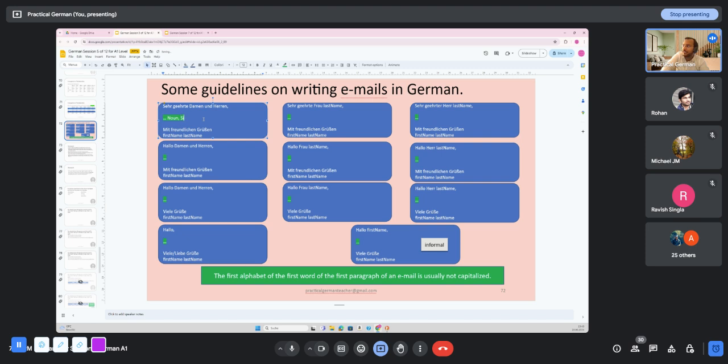Or if it is this capital Z, the formal Z, it's always capital. So if it is not a noun and not this Z, the first letter of the first word of the first paragraph of an email will not be capitalized. Unless the first word is a noun or the formal Z, then the first letter will be capital. Otherwise, it will not be capital.